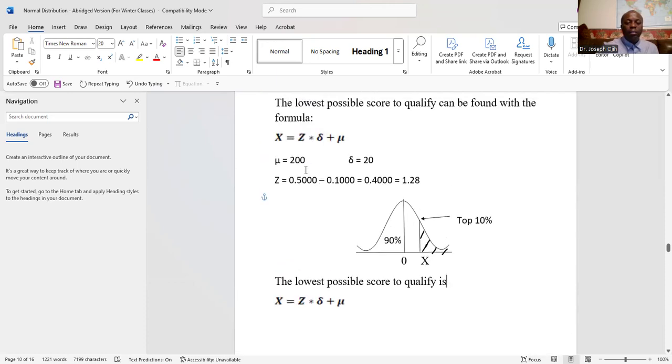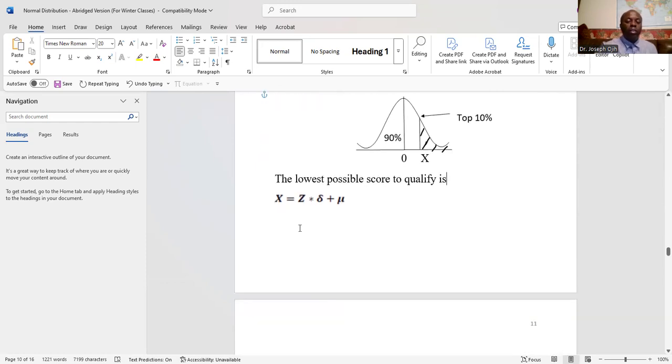Our Z is 1.28, standard deviation is 20, and mean is 200. Just plug it into this formula and we get our answer right away.